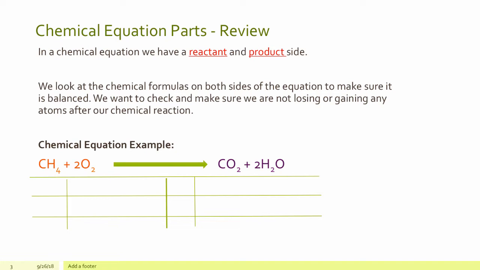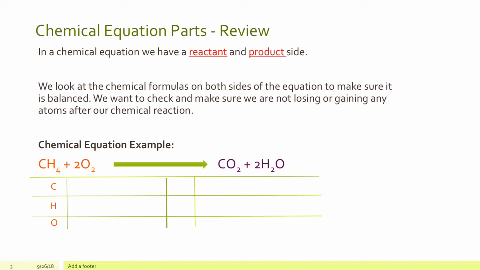So here's a chemical equation example. We're going to go through the process of checking if it's balanced or not. So when we do that, we look at our reactant side, so orange, what we're putting in. Identify your elements and pull them out. So I have C, H, and O. And then we're going to count our atoms using our subscripts and coefficients. In CH4, we don't have any coefficients, so we're just going to apply what we see.